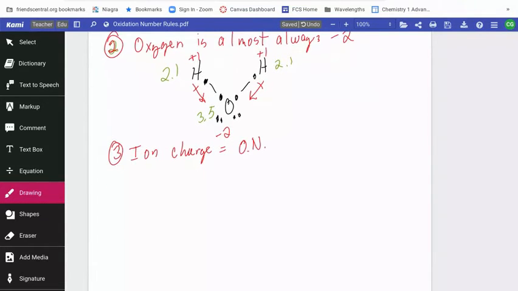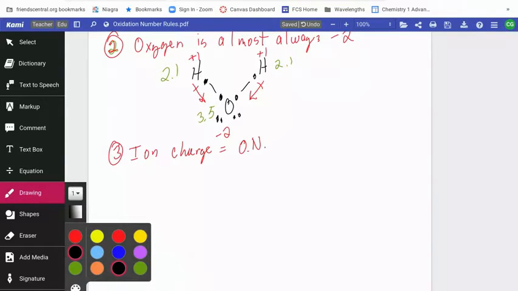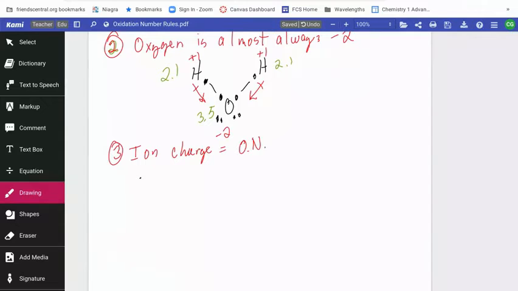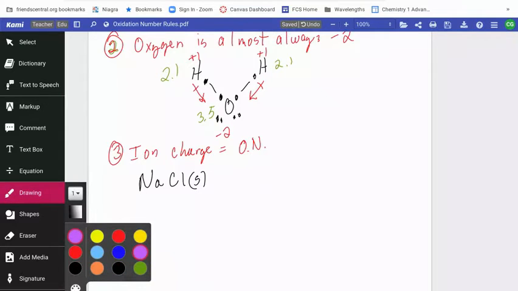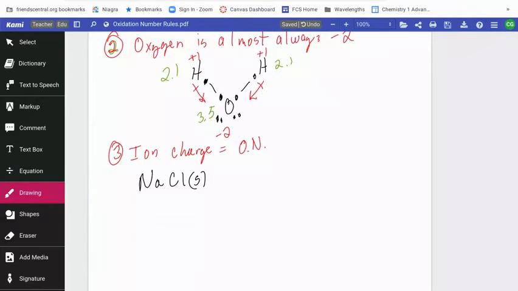So, all right, let's take a look at this. If we remember our ions, we have ionic bonds. So let's take a look at something that we know is an ionic bond, such as NaCl. And this could even be a solid piece of salt, but we know that the sodium is going to be a 1+, and the chlorine is going to be a 1-.